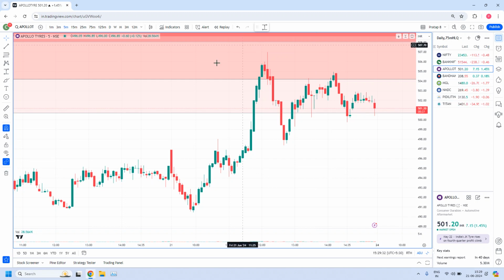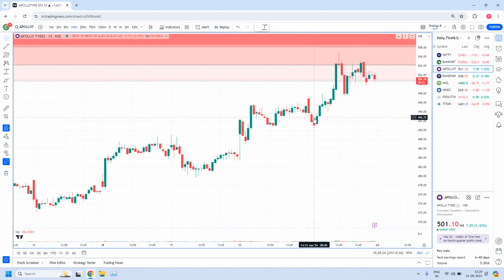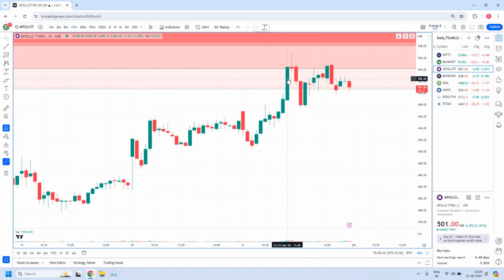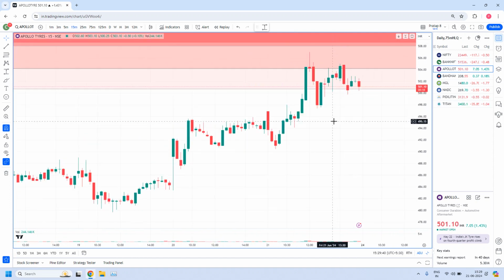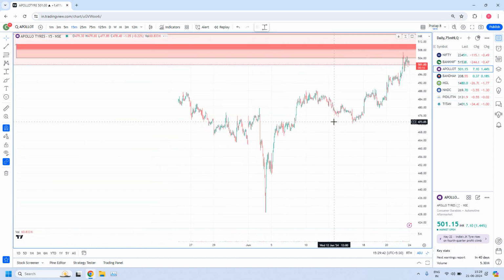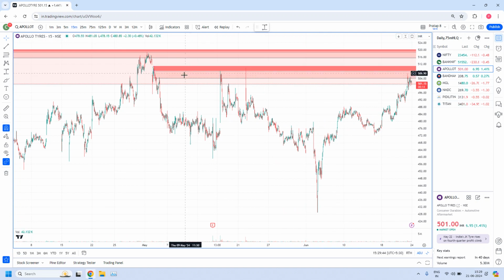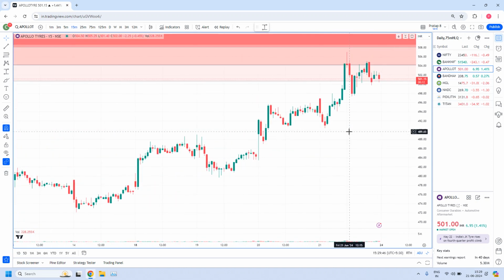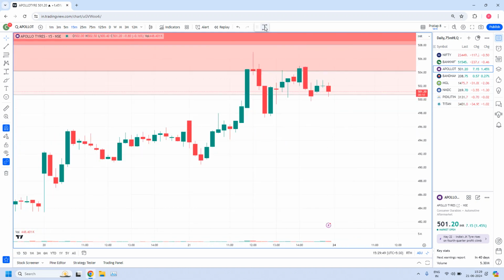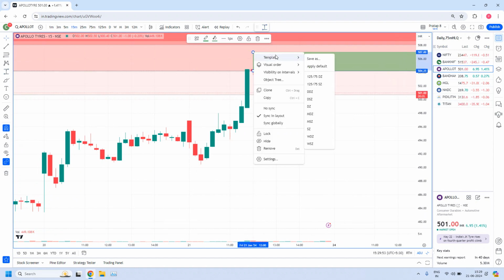Okay, this is about that. Can we take any other newly created zone? Here a 15-minute zone is there. Rally, base, drop today. Have you seen? This is the 75 minutes fine-tuned zone. Here a dynamic zone is created today, but this trade happened during the last hour of the market.